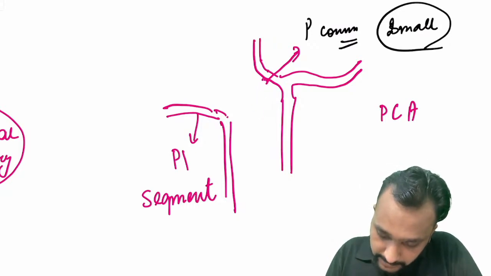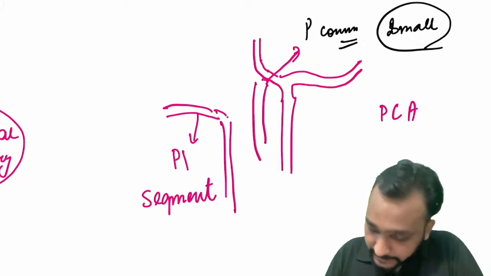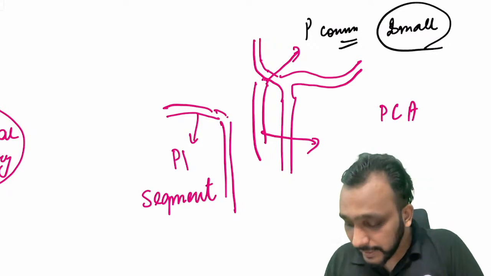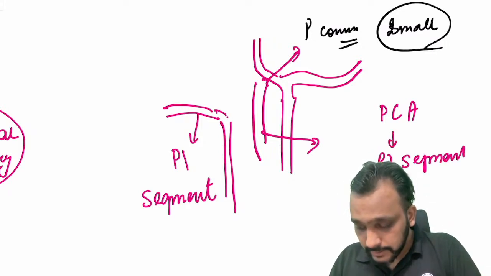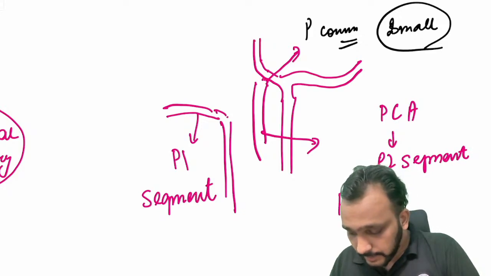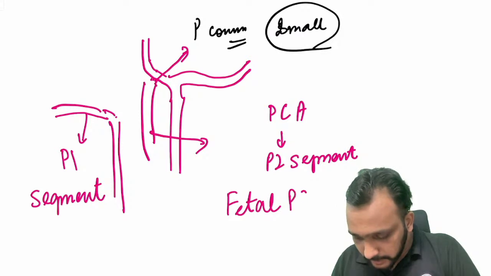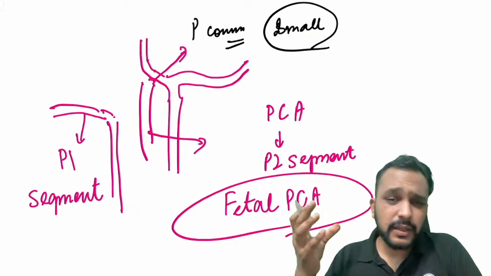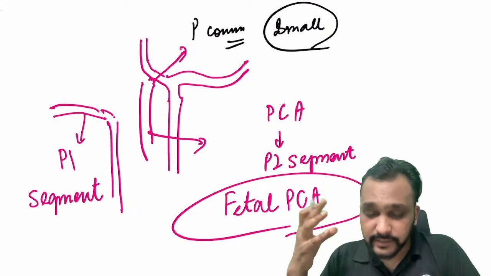So in our case, this PCOM was prominent or dilated, and when this PCOM is dilated to supply the P2 segment of the posterior cerebral artery, this is known as fetal PCA, fetal posterior cerebral artery.